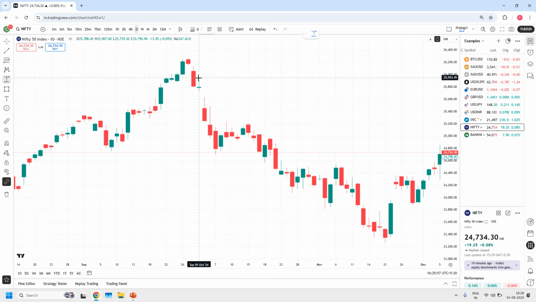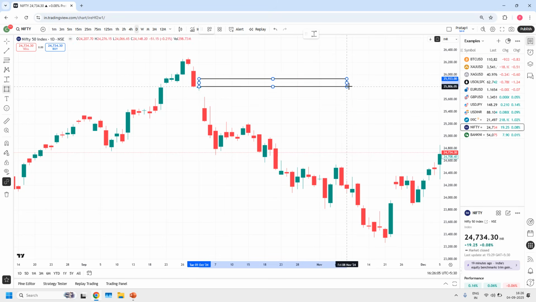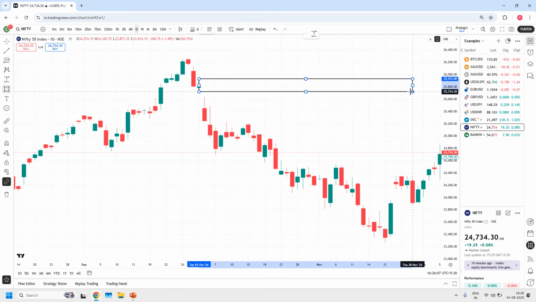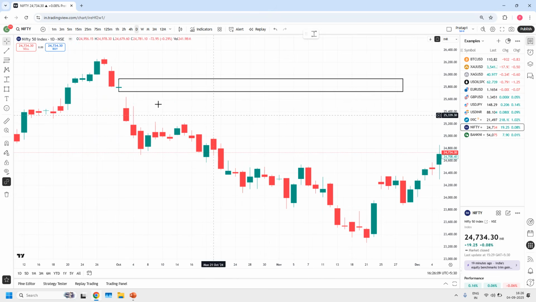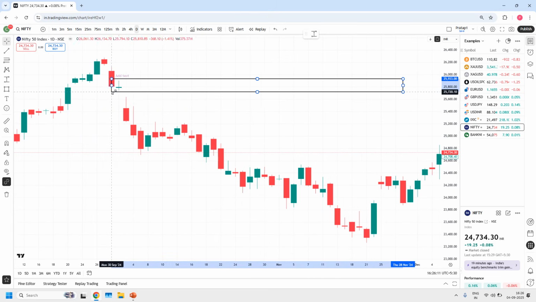See, here we have price moved in a narrow range here. This is the area price moved in a narrow range.